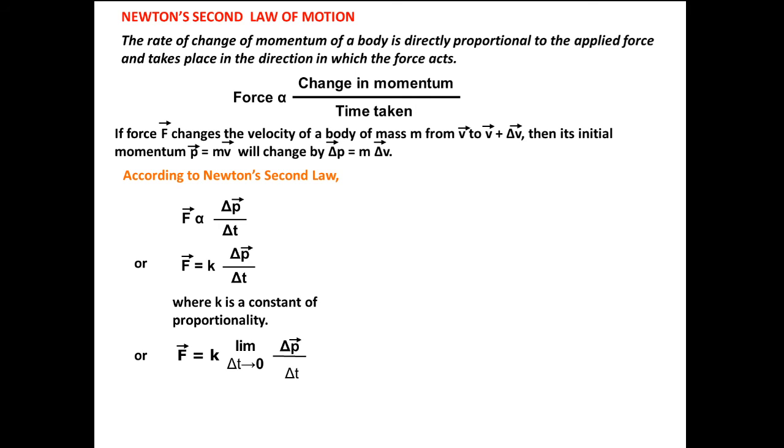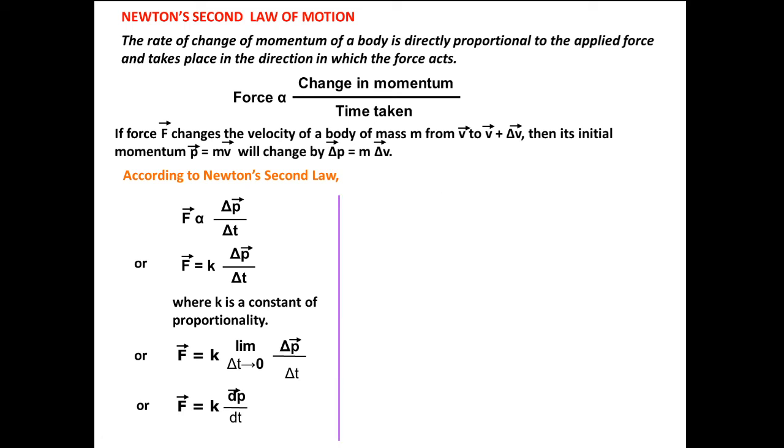Now if this time interval is small, that is, if we take the limiting value, limit del t tends to 0, del p by del t is dp by dt. So F equal to k dp by dt.